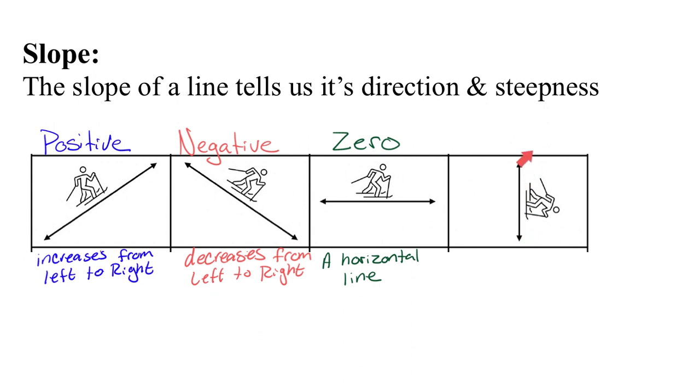And last but not least, we have a line up and down here. The slope of that line is undefined. So undefined slope, it is up and down. So it's a vertical line.